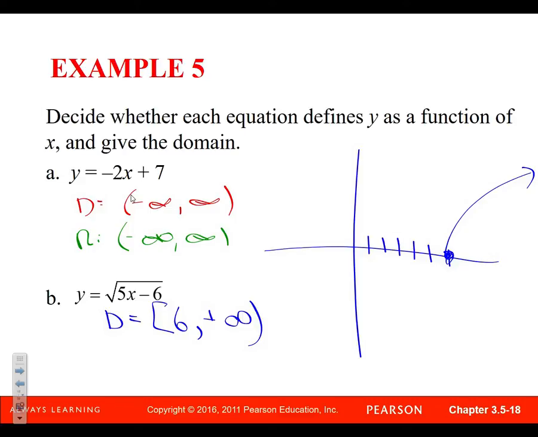Does domain make sense here? Okay, so I'm looking, domain is x, right? This red piece is the function. It's the graph. Now I'm only looking at x, only looking at this line.